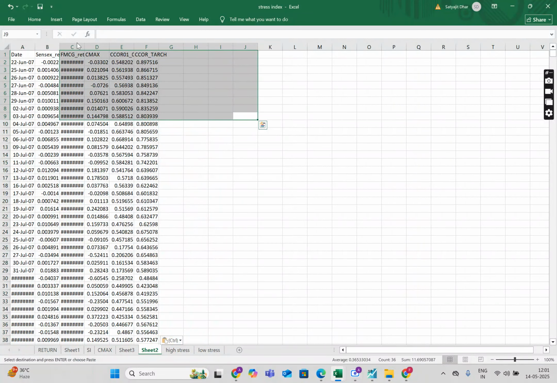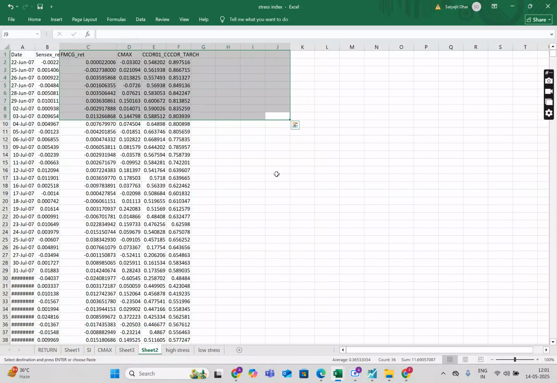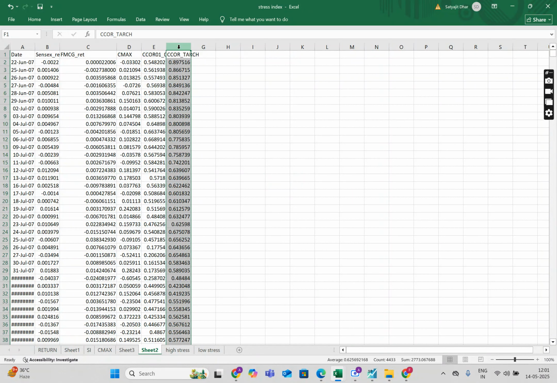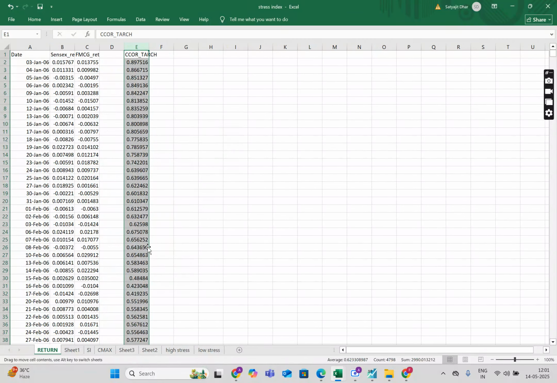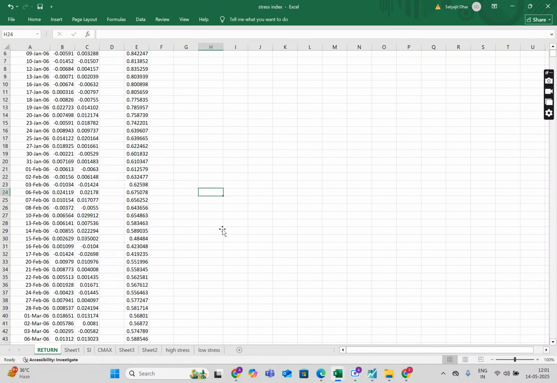So I'll just repeat. Make sure you have this data: the date, the Sensex return, the FMCG return, the CMAX, the conditional correlation, and the conditional correlation on the basis of TARCH model. So actually here the conditional correlation on the basis of TARCH has data from 2006 onwards. So I'll have to do it from 22nd January 2007.